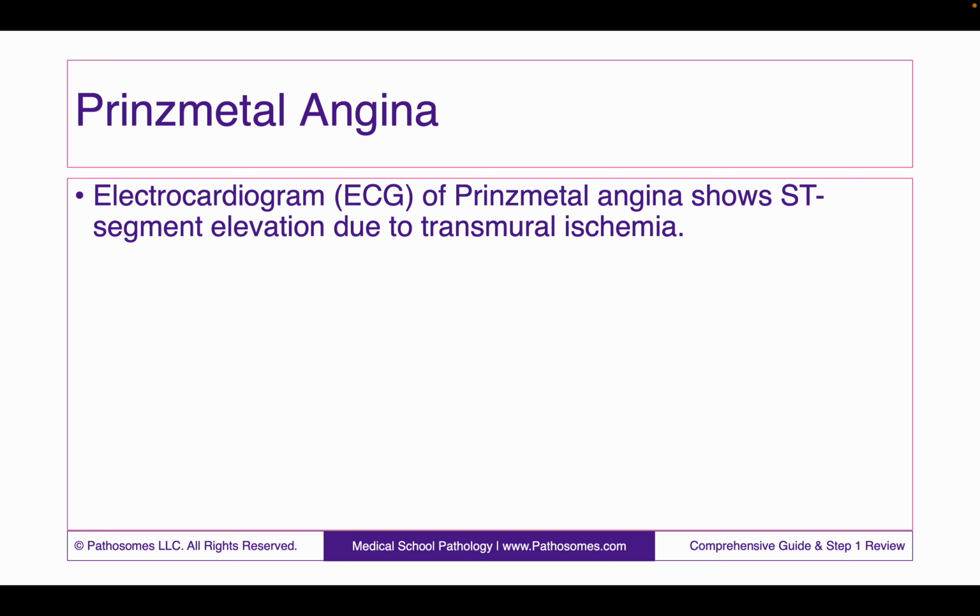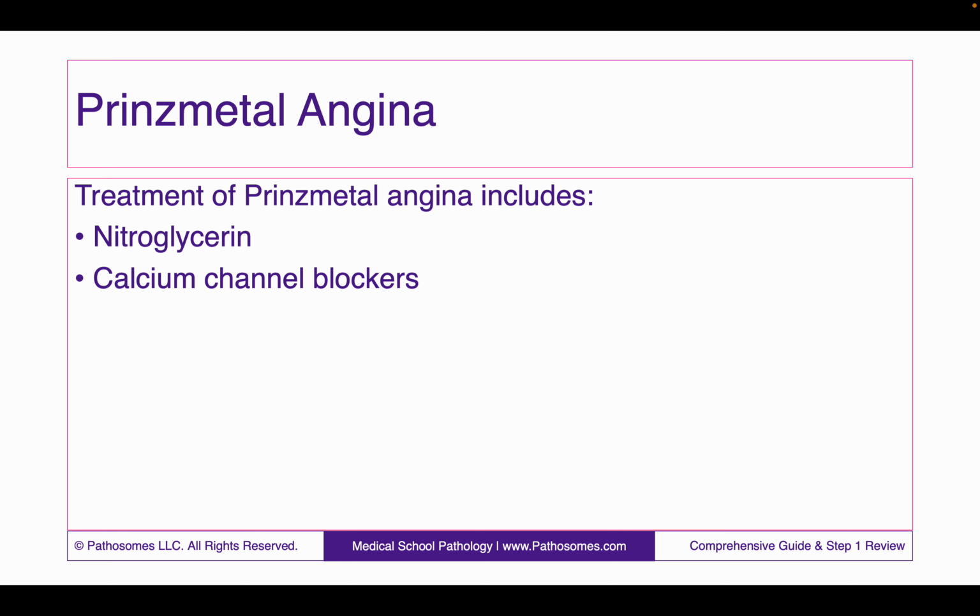The electrocardiogram of Prinzmetal angina shows ST segment elevation, and that's due to transmural ischemia. Treatment of Prinzmetal angina includes nitroglycerin and calcium channel blockers. Why calcium channel blockers?